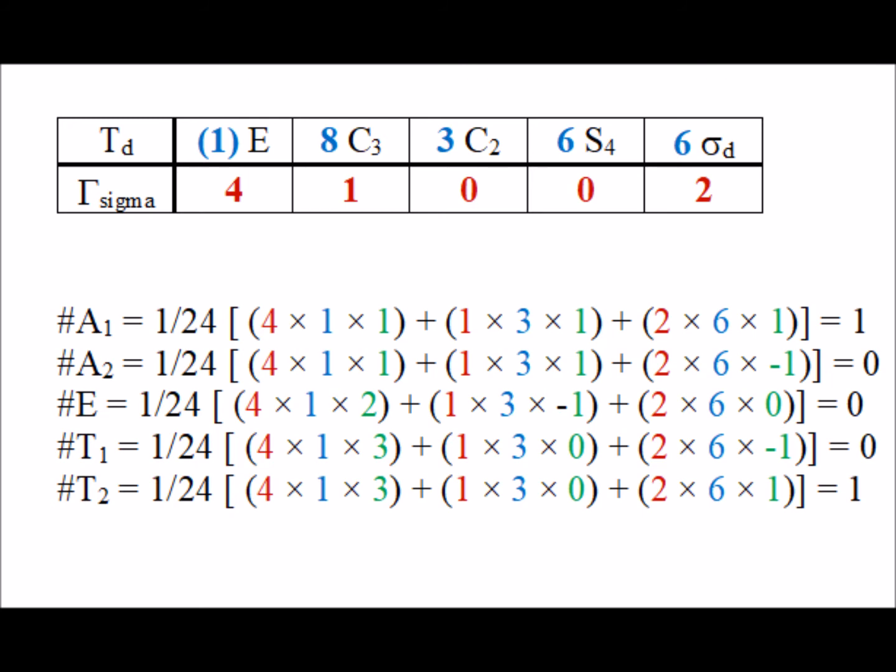And then for our final term, we notice that the character for sigma d in T2 is a positive 1. So our final term is red 2 times blue 6 times green 1. And we get that the number of T2s in the reducible representation is equal to 1.